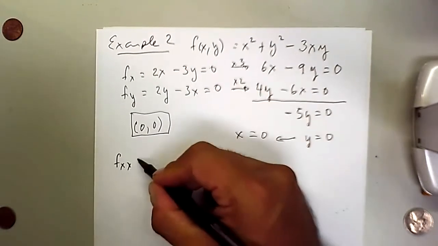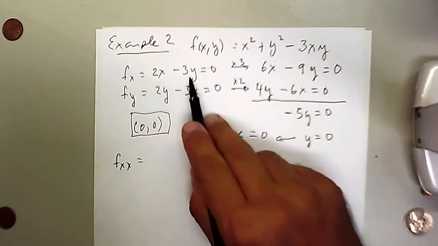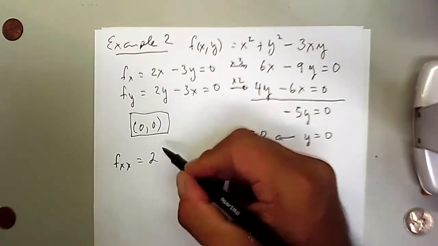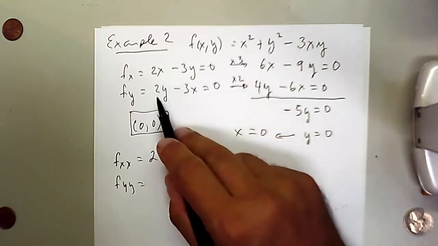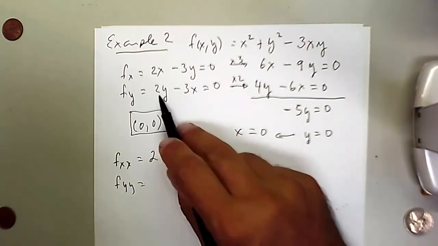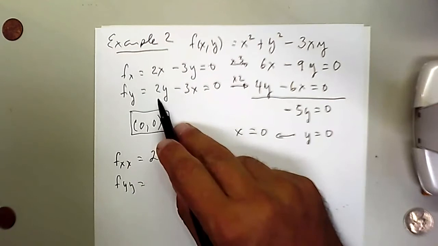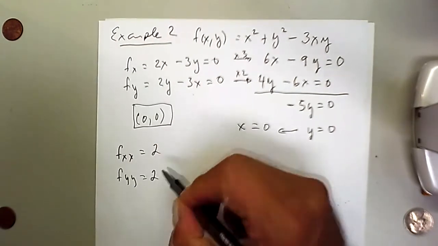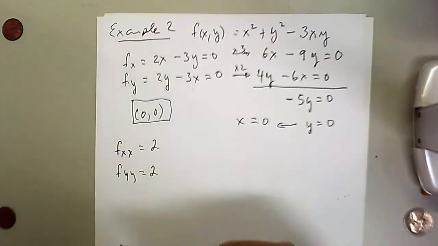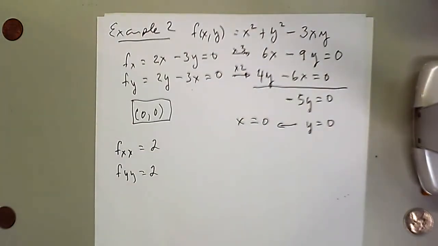So second derivative with respect to x. That was the first derivative. Second derivative would be 2. Second derivative with respect to y. There is the y derivative, the first partial derivative. So the derivative of that with respect to y is 2 again. This looks similar to what we had in example 1.